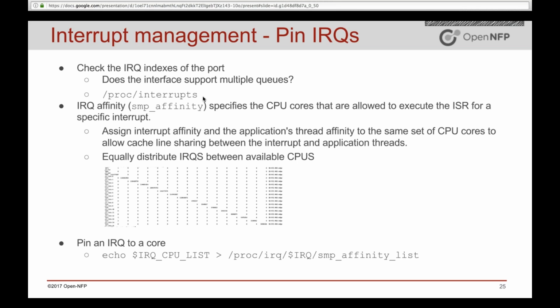Now, /proc/interrupts gives you a picture of interrupts versus CPUs. The picture here is a bit of an eye chart and very difficult to read, but it is essentially interrupts on the left versus CPUs. So you have this large matrix of where specific interrupts can be handled and which CPU they're handled on.